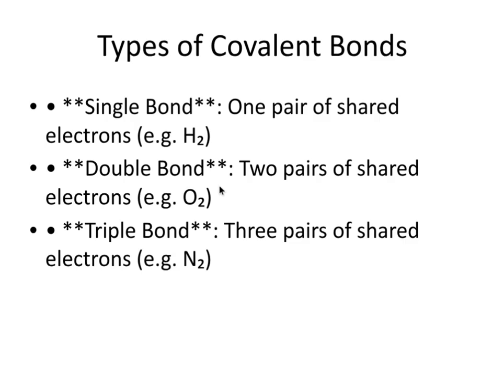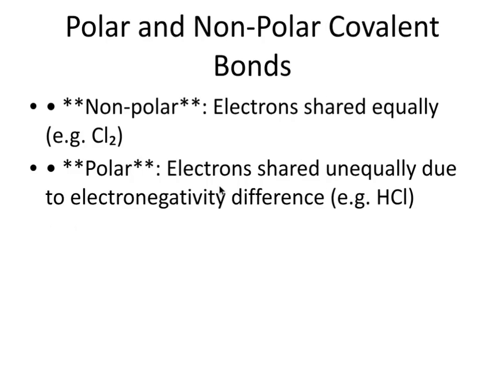Triple bond, three pairs of shared electrons. Example N2. So H is hydrogen with H2 for single bonds, O is oxygen with O2, and N is nitrogen with N2. Pretty simple.